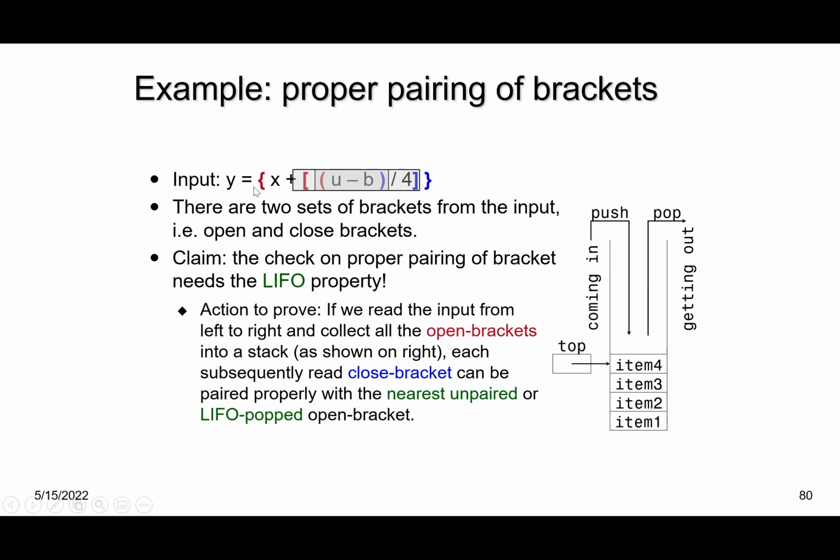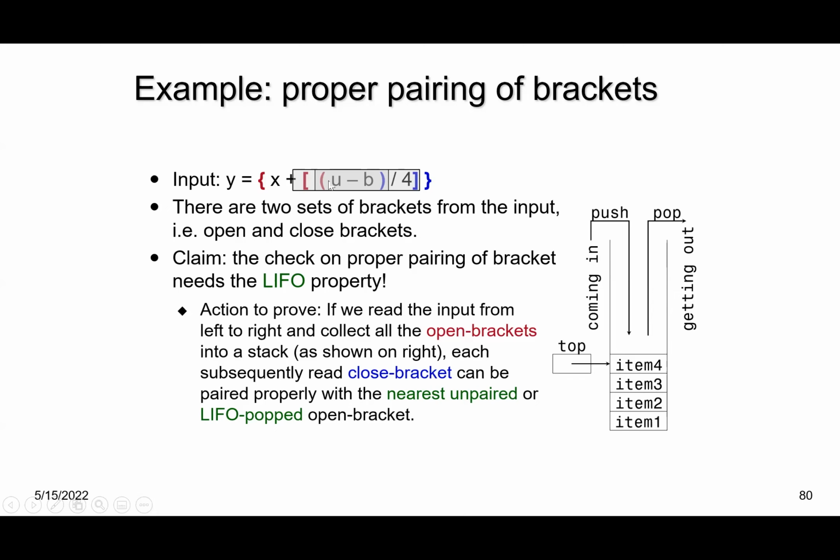Extra opening, okay, you will push everything inside. Let's say you have 4 openings, so you push 4 items inside, right? After you read the last closing, you pop one item out from the stack and then you match with the last closing. But after that, you still need to check one more thing.